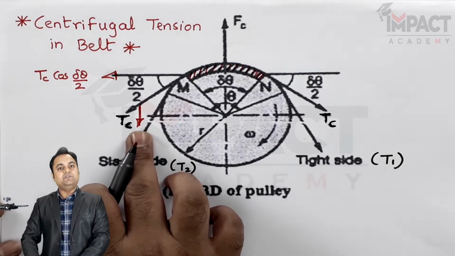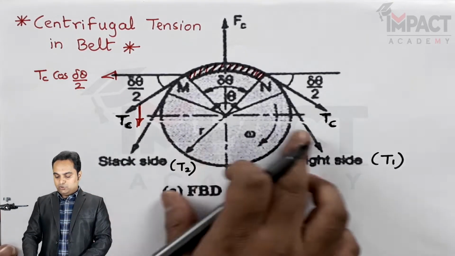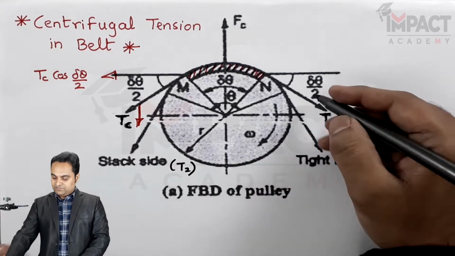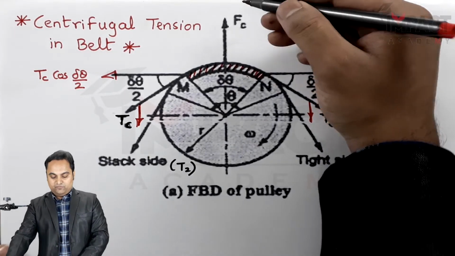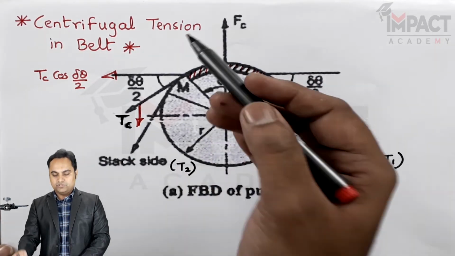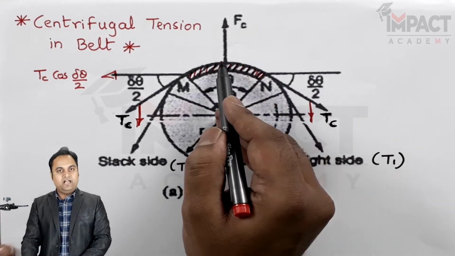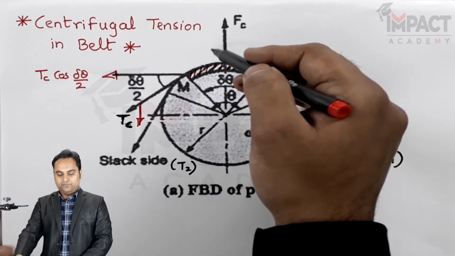So I'm going to use the vertical component because we are going to see that those vertical components would be resisting the Fc centrifugal force, because these horizontal components won't be resisting this centrifugal force because the force is vertical. So we have to have opposite forces in the direction opposite to that of centrifugal force.